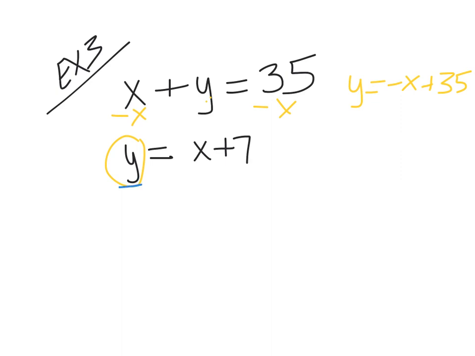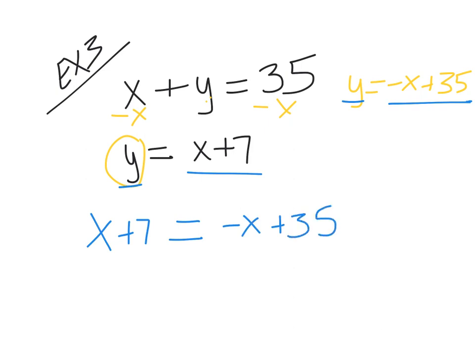So now I have both solved for y, correct? So you just take the other side of the equation. So I'm going to take x plus 7 equals, and then this part of the equation, negative x plus 35. Now I solve for x. So we have x's on both sides, so I'm going to move them so they're on the same side. So add x over here.